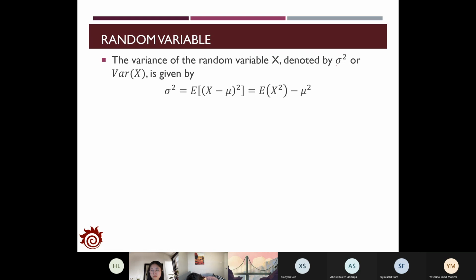Usually we use the notation sigma squared or Var(X) to represent this, and sigma squared is defined as the expectation of (X minus mu) squared, which is the deviation to the mean value of the random variable. It can also be written as the expectation of X squared minus mu squared. This applies for both discrete and continuous random variables.